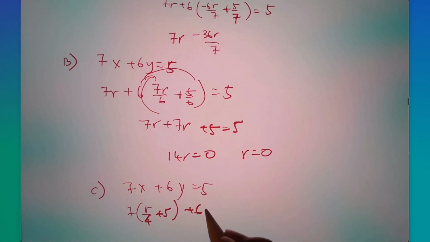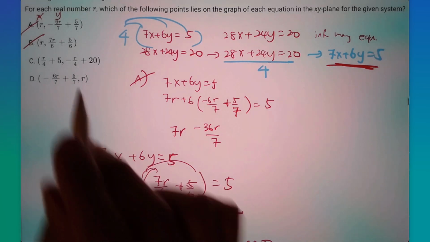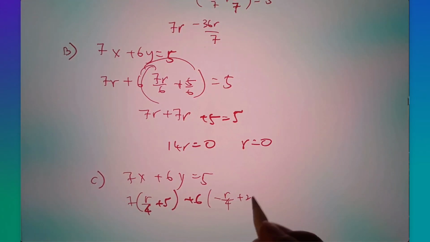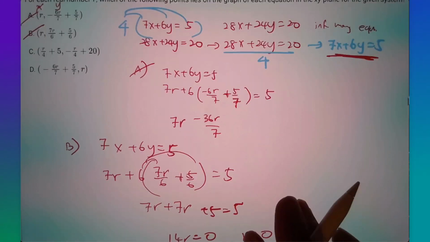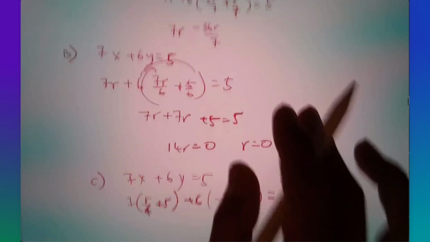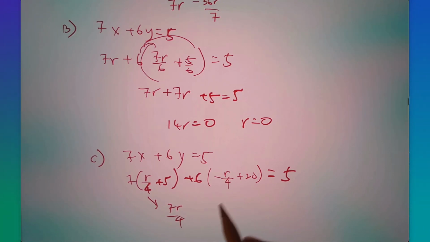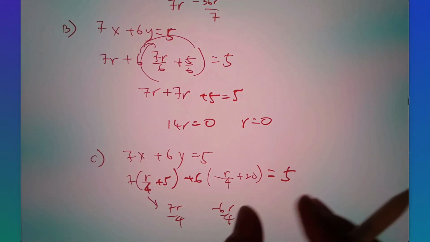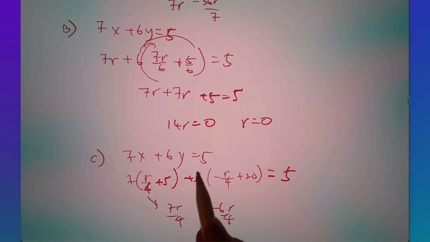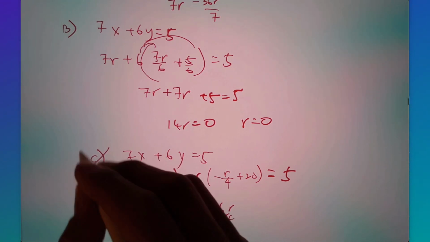When I plug it in and just look at the r expressions, I get 7r over 4, and here I get negative 6r over 4. There's no way these can cancel and give you number equals number, like 120 equals 5. And we also have 35 here. But the important thing is that the r should cancel out here. And they don't. And that's not what we're looking for.